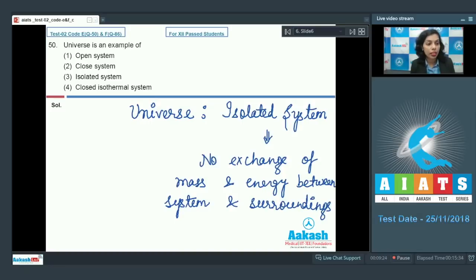That's why which option is correct? You can easily choose that correct option is option 3. Now it's a turn for question number 51.